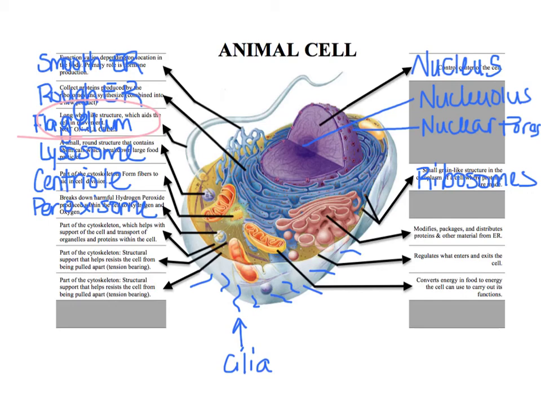Then we get into some of the parts of what is called the cytoskeleton. So one thing I would like you guys to underline is in your functions, it says cytoskeleton, cytoskeleton, cytoskeleton. All three of these organelles are part of the cytoskeleton. So on my diagram, I have a little bracket and I write cytoskeleton.